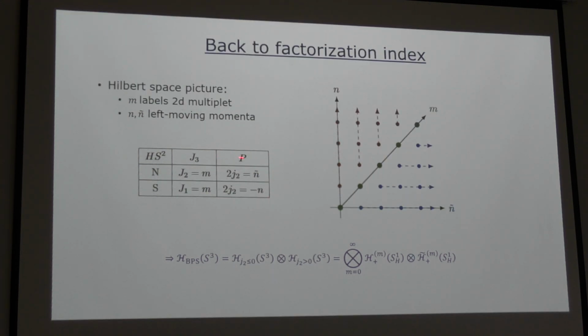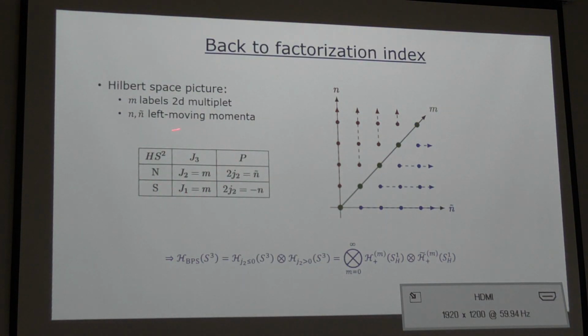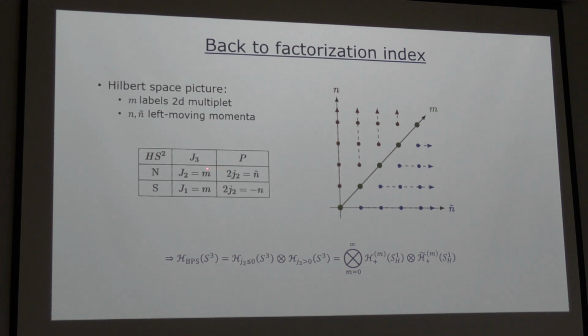So that gives us an identification of the momentum along the circle corresponding to the J2 quantum number of the states of this space, and J-free, the generator of rotations, is given by the quantum number associated with either capital J2 or capital J1, depending on whether northern or southern hemisphere.